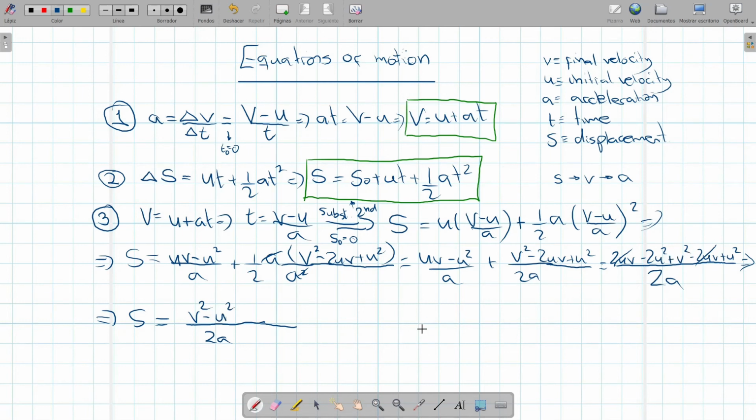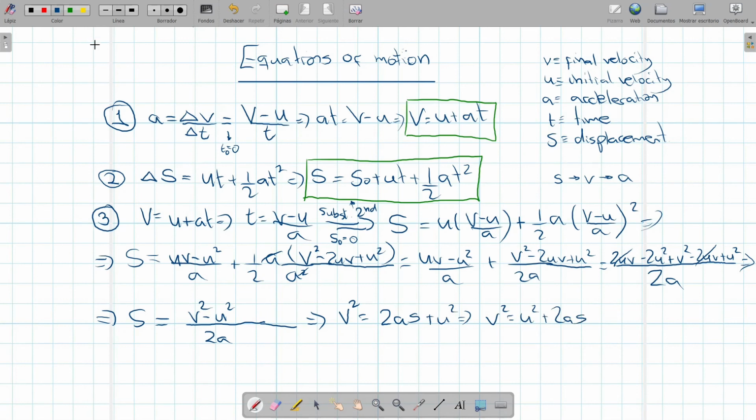So that's what we have there. Okay, so if we rearrange this again and leave the final velocity as the subject, we have v squared, that goes there multiplying, so it's 2as, and then minus u squared goes to the other side with plus. If we rearrange it again, we normally write it like this.